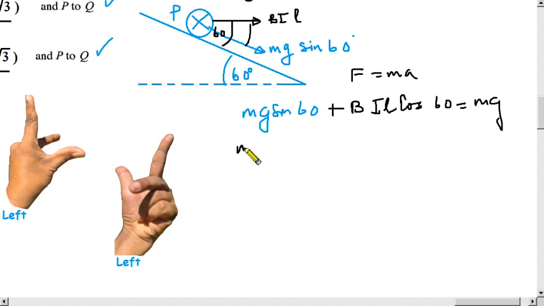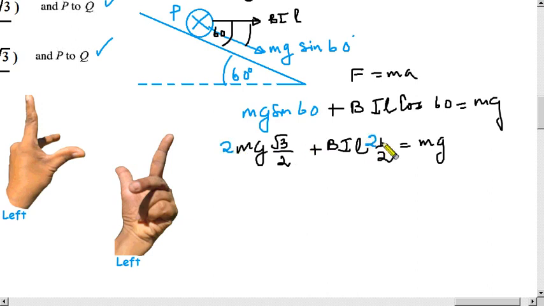Then mg sin 60 is root 3 divided by 2 times mg. BIL cos 60 is half BIL, equals mg. Then we multiply all the terms by 2, here also 2. If you forgot to place 2 here, then you will get another wrong answer.